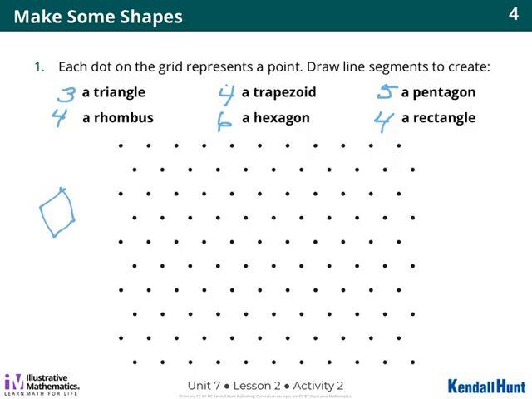All 4 sides are the same length, right? But we're just drawing right shapes. I think it still has to have right angles. Are those right angles? No, a right angle is... I am having a brain fart. So a rhombus has 4 equal sides, but it does not have to have 4 right angles. No. A square has to have both.